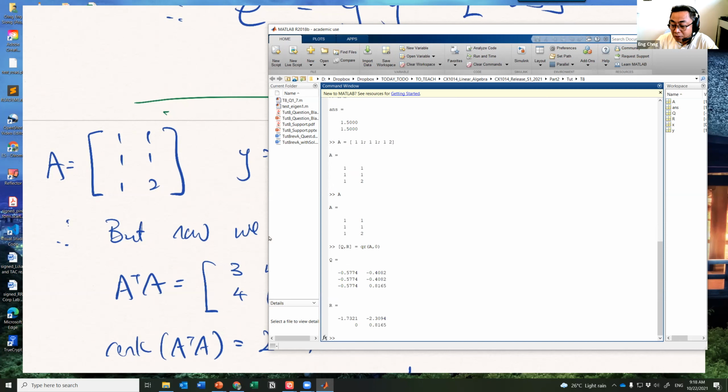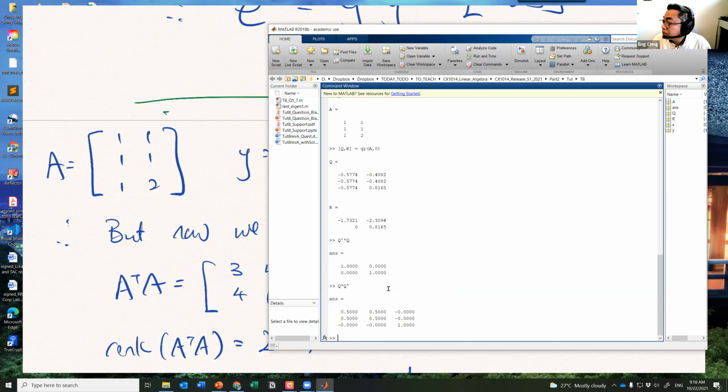Getting my Q to be 3 by 2. Q transpose times Q equals to the identity. Okay, so you see that. However, Q times Q transpose is the projection matrix. All right, so you need to figure all this out. All right.